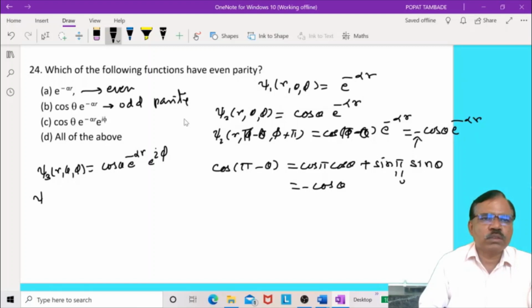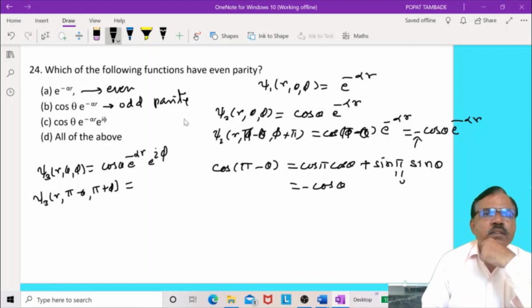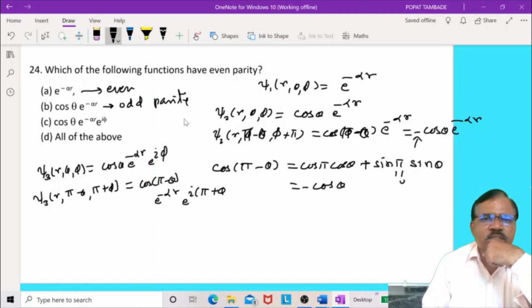So psi 3 for r, pi minus theta, pi plus phi is equal to cos of pi minus theta into e raised to minus alpha r into e raised to i times pi plus phi.